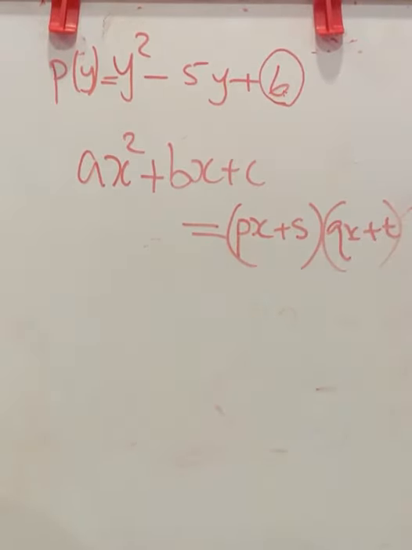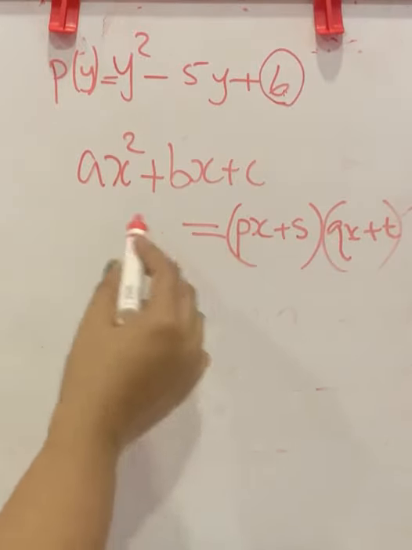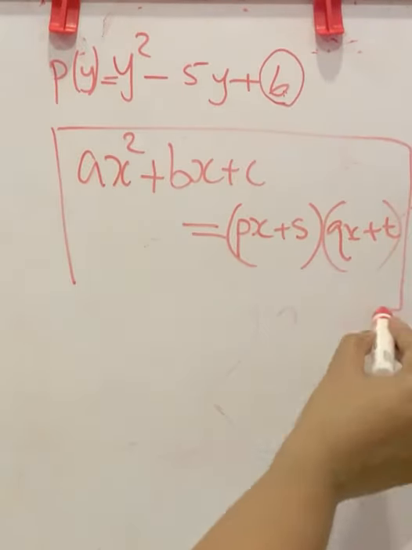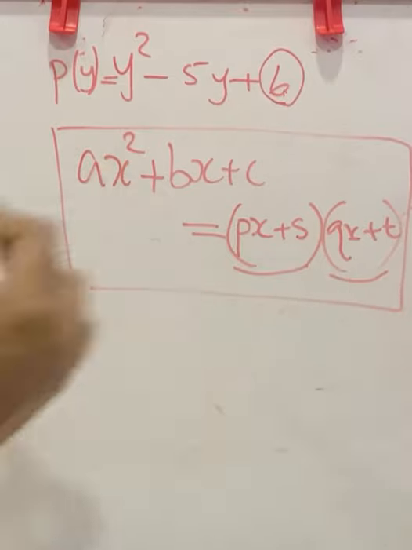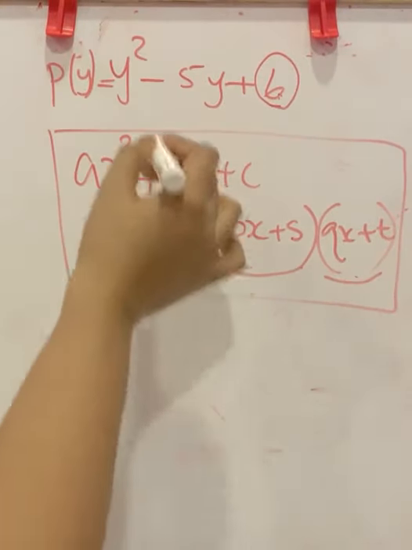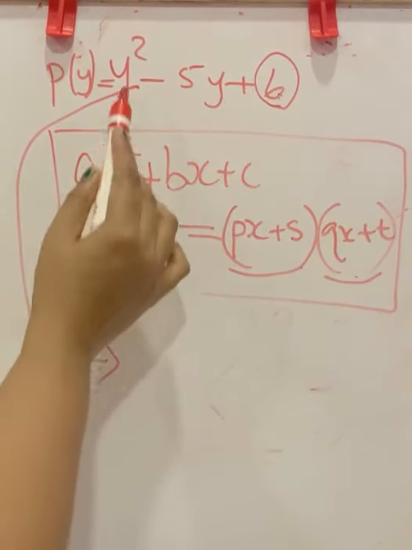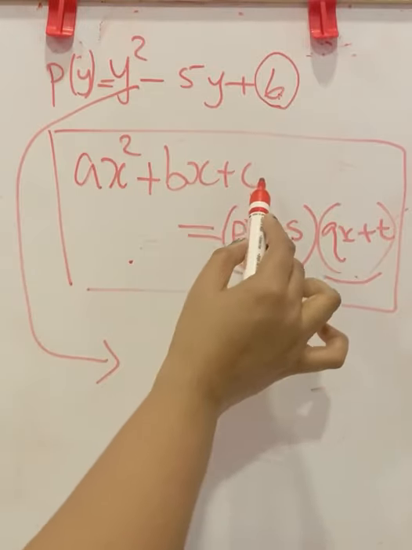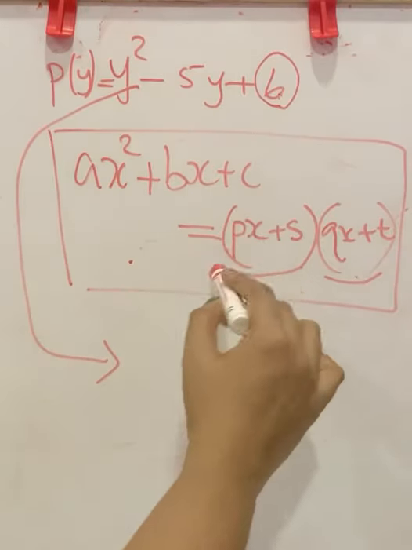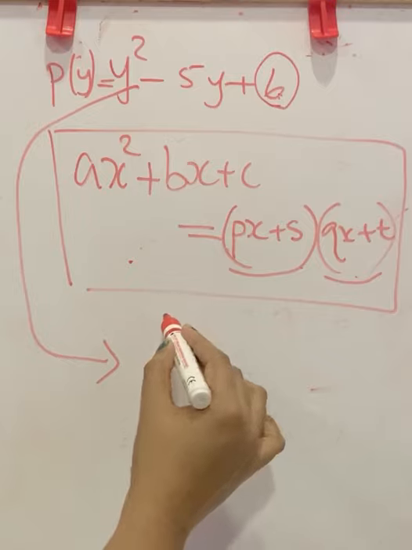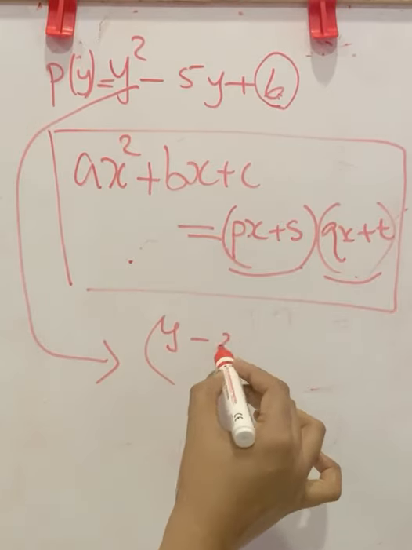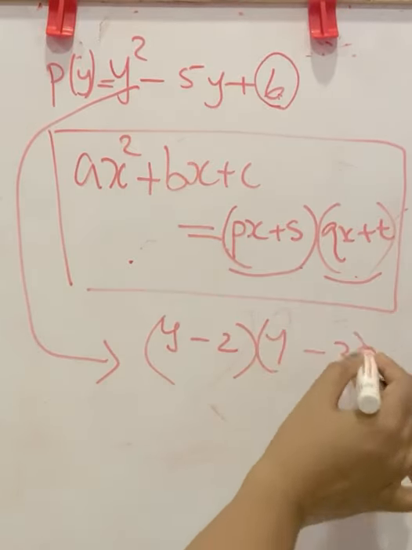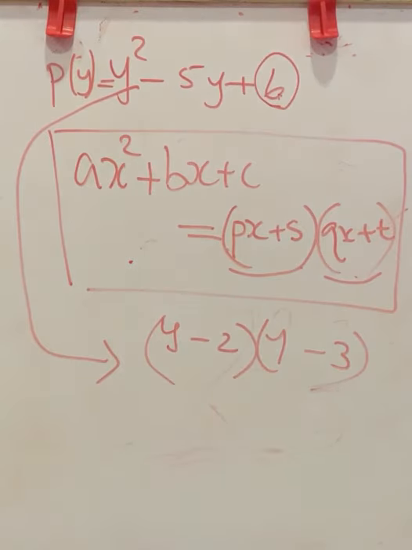This will be the form. After factorizing this quadratic polynomial, we will get a product of two factors. As here, we got y square minus 5y plus 6 as a product of two linear polynomials, and those were y minus 2 and y minus 3. We found it using the factorization method.